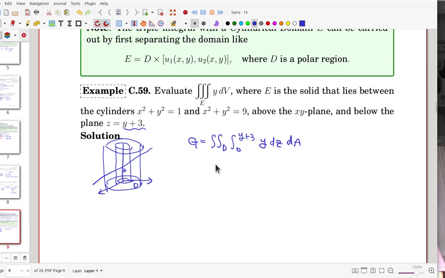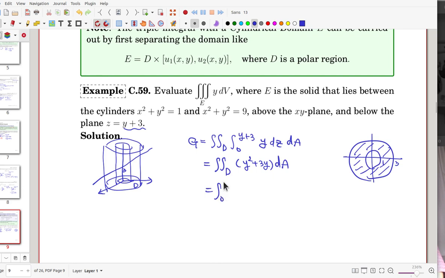Now since there is no more z dependence, it's the same as the integral over D of y times y plus 3, so that is y squared plus 3y and dA. Now we are focusing on D, and D is given in this way. There is a circle of radius 1 and a circle of radius 3, like that. There's 1 and 3 in the xy domain. There is D. So it is a polar region.